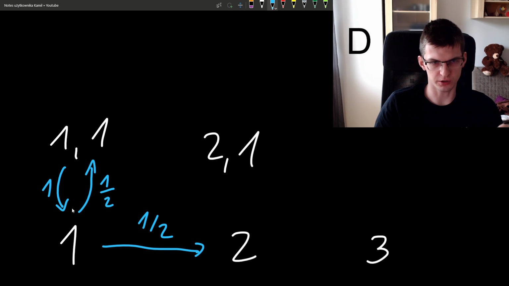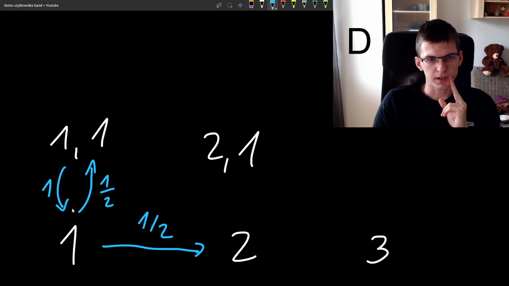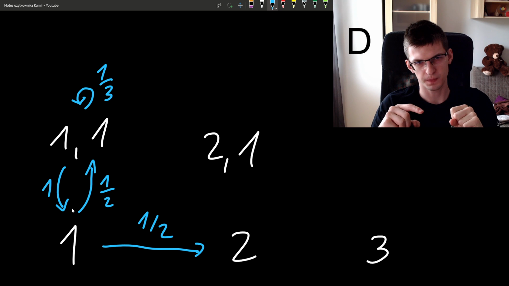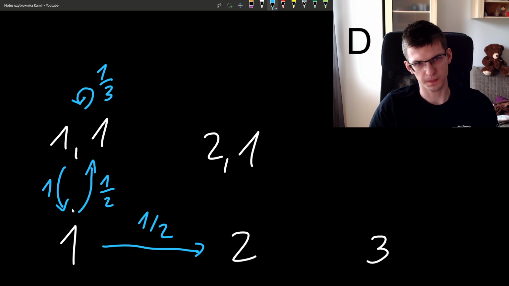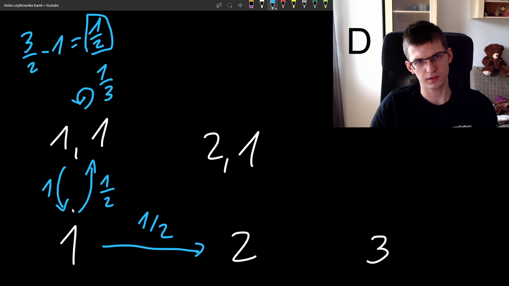It is sure. But we can also do this here. With 1/3, we waste a move. So really here we move with probability 2/3. So 3/2 is expected time till we hit that, minus 1. So half is, when we are at 1/1, I claim that this is wasted time. Expected value of wasted time at 1/1.